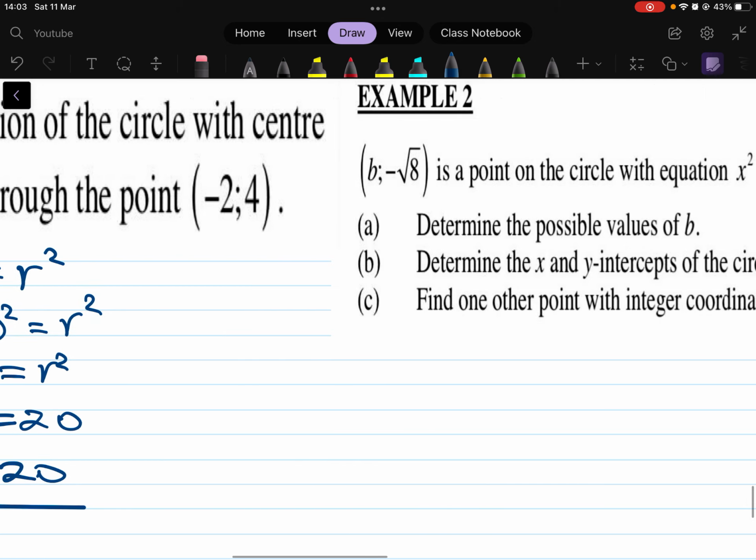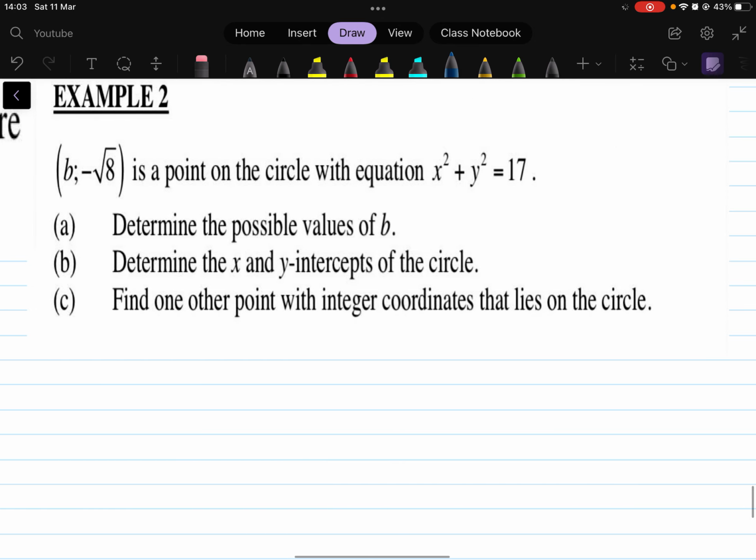Okay, example 2. There's a point provided there, (b; -√8). It is said to be a point on the circle which has the equation x squared plus y squared equals 17. Then we are required to answer these three questions, A, B, and C. A, we are required to determine the possible values of b.